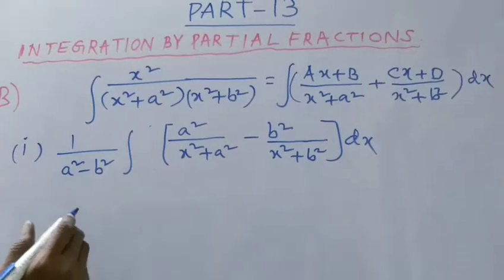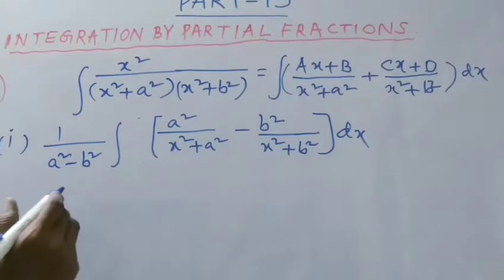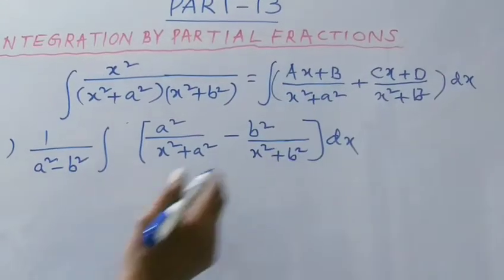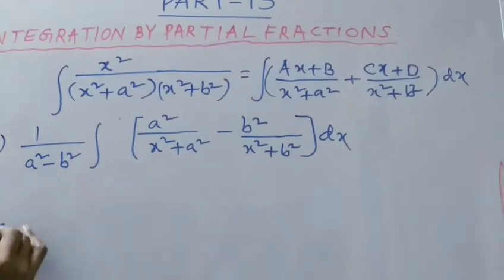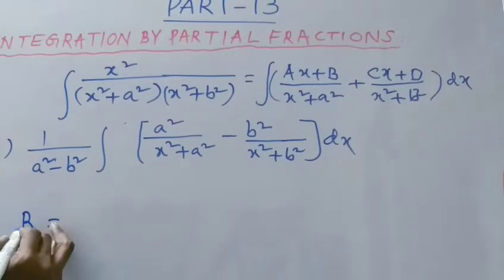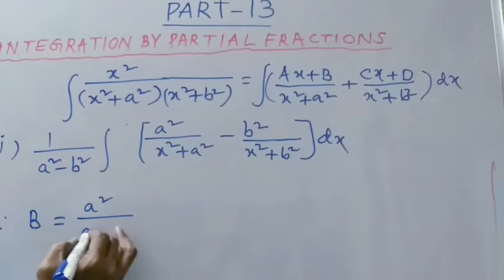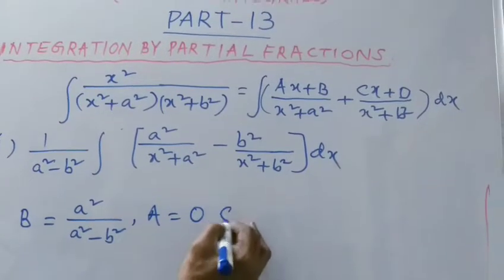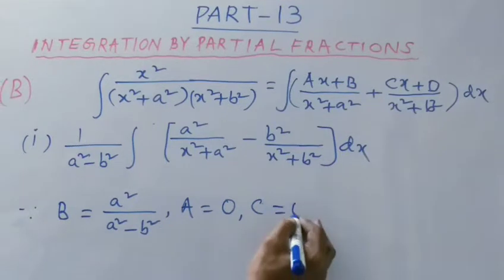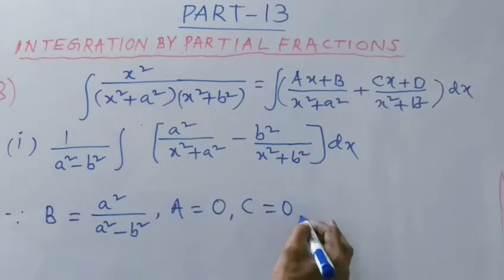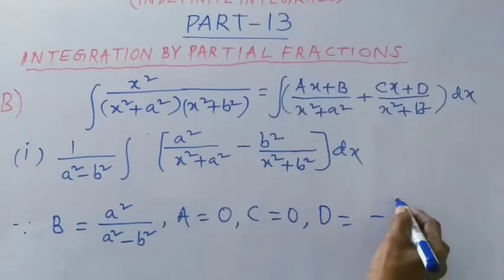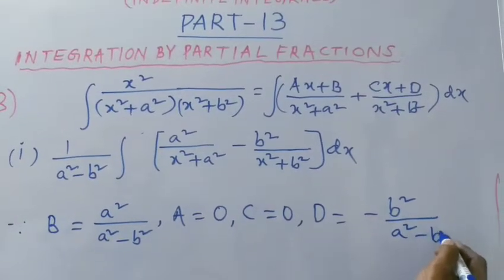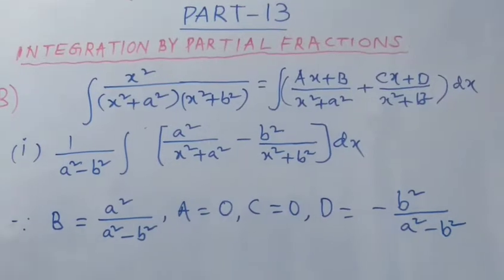So here, since we have b is equal to a square by a square minus b square, a is equal to 0, c is equal to 0 after simplification, and d is equal to minus b square by a square minus b square. This is the first one.